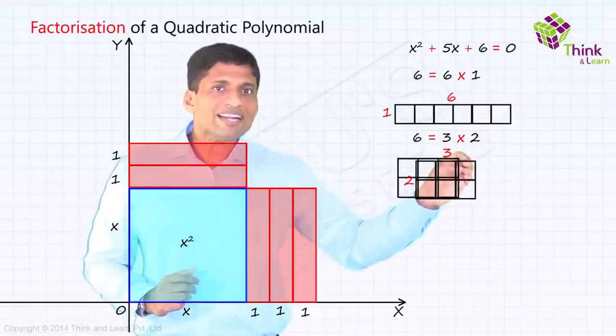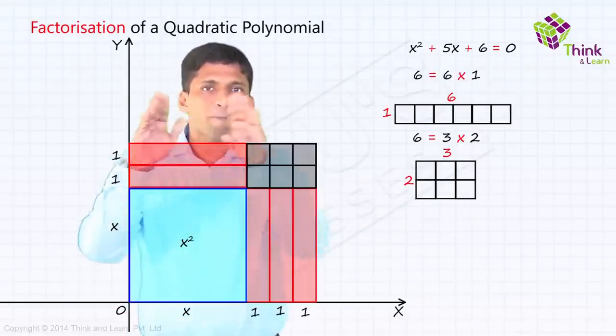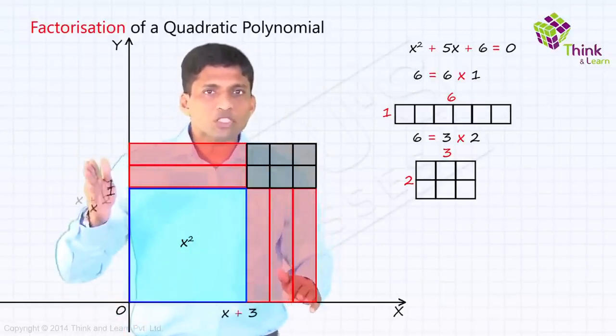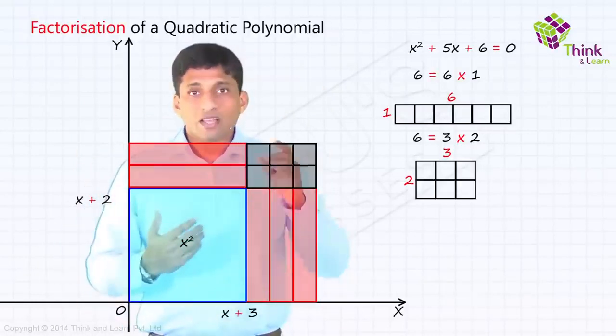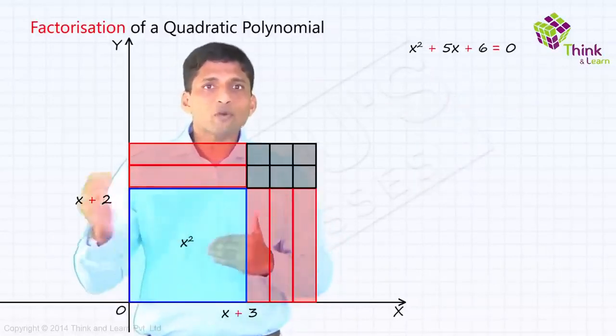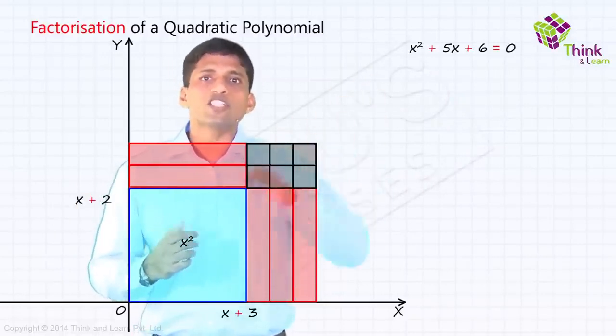So I can directly take this 3 by 2 rectangle and fill it here. So it's a complete rectangle now with length x plus 3 and breadth x plus 2. The area of this rectangle is length into breadth, x square plus 5x plus 6, which is our original expression.